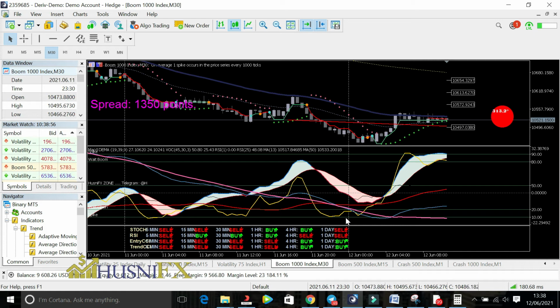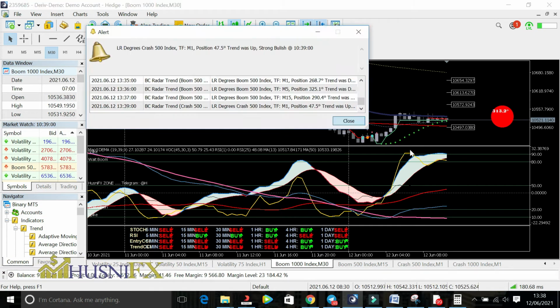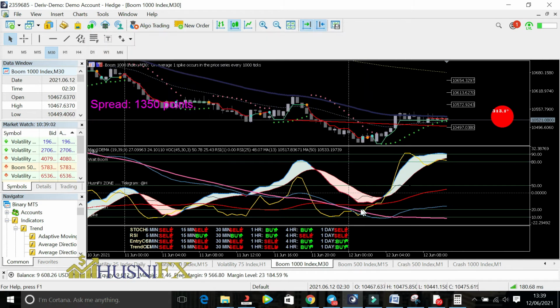This VOC, according to my settings, whenever it is at level 90 or 80, price is at the resistance, and you can see this moving average, which is 50, the blue one. If price is on the blue one, it is on the resistance.